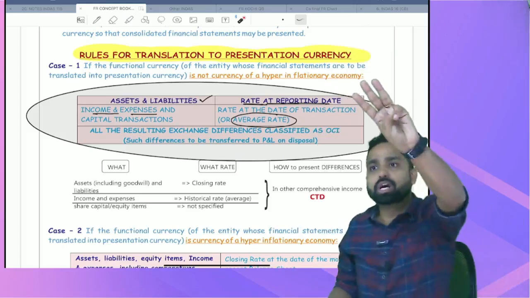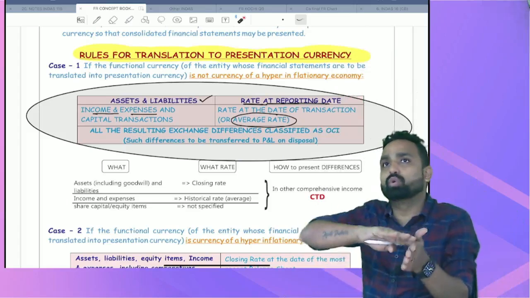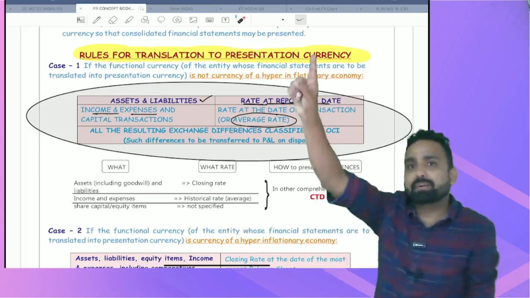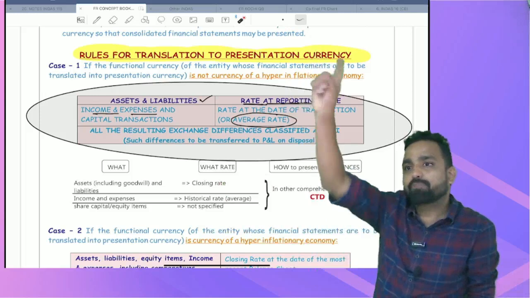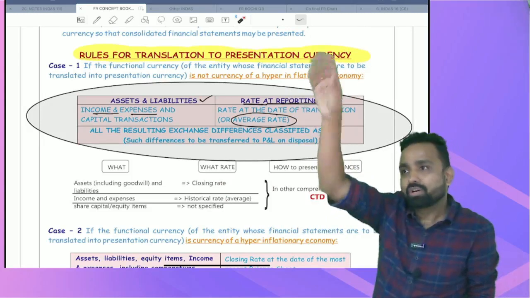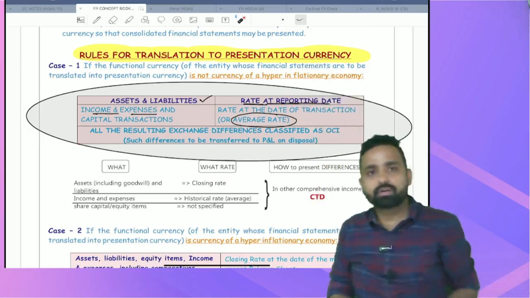Otherwise you need to learn only three things. Whenever you do functional to presentation currency: all assets and liabilities at the new rate of the balance sheet. All income and expenses at the average rate. The difference goes to OCI; keep it in OCI.